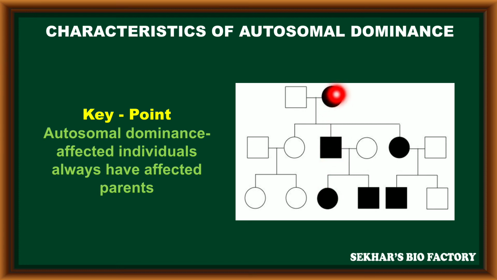Here this parent is present in heterozygous condition, so 50% of individuals are affected, and this parent is present in homozygous condition, so all individuals are affected, and this parent is present in heterozygous condition, so 50% of offspring are affected. In this way we can identify autosome-linked dominant disorders.